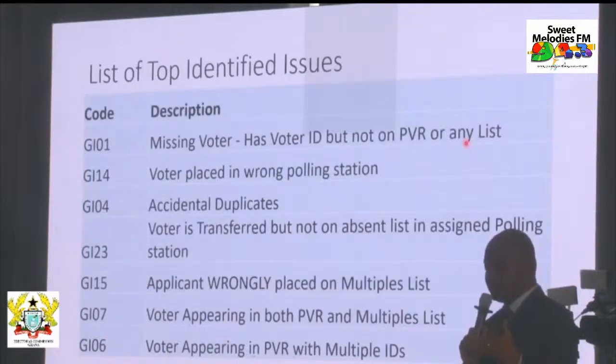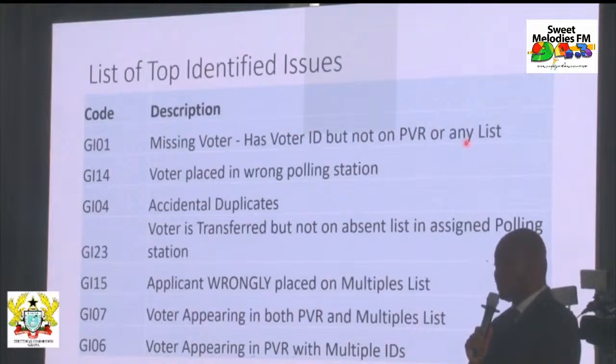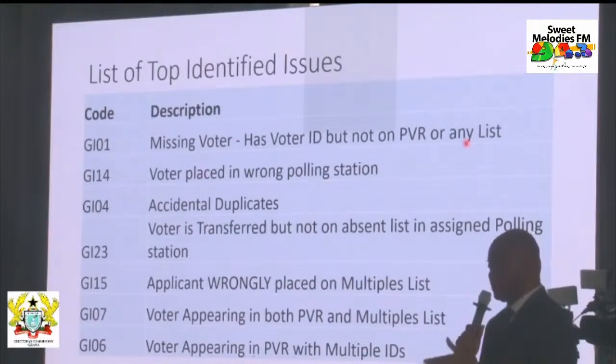Quickly, we'll look at the top identified issues that we had. As I've already said, missing voters was one of the leading issues that were reported. It was because of the offline registration and, in some instances, biometric data being corrupted. Sometimes the biometric data within the biometric database gets corrupt.